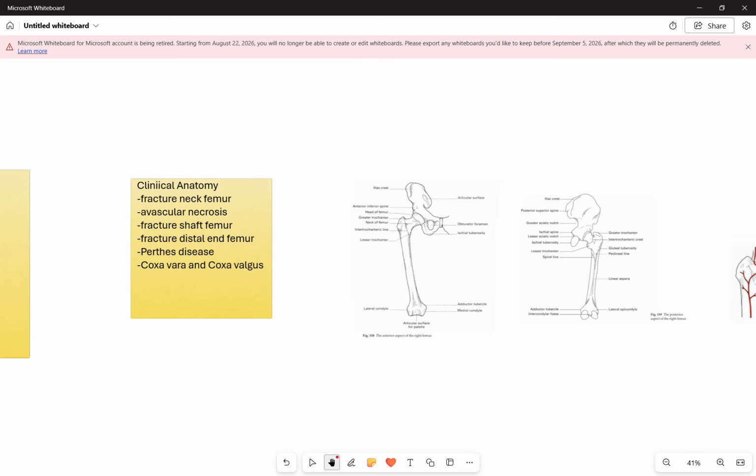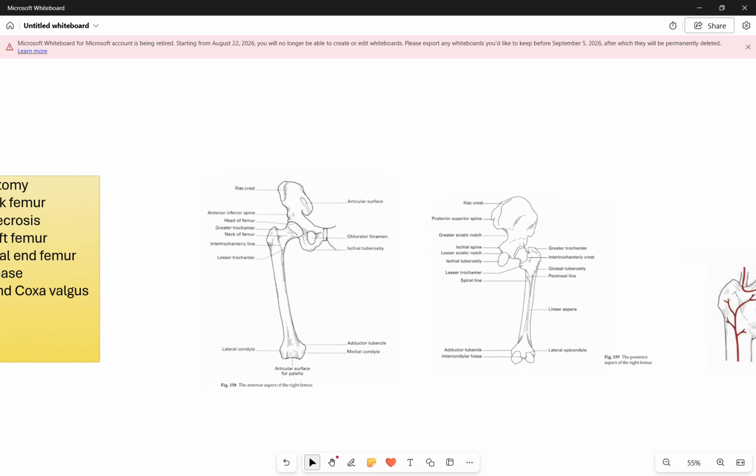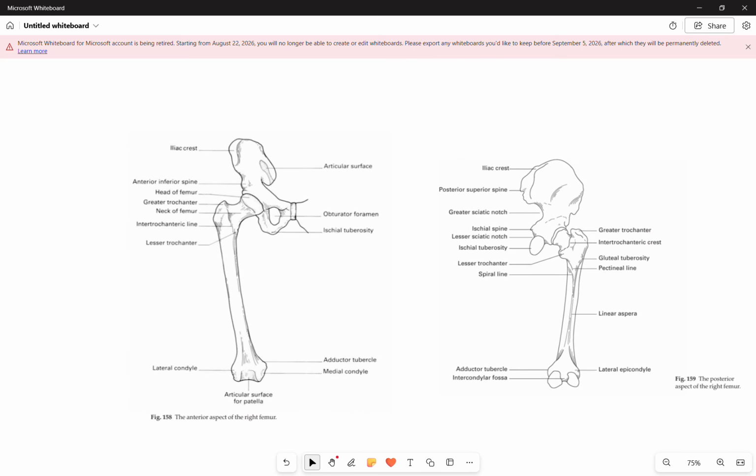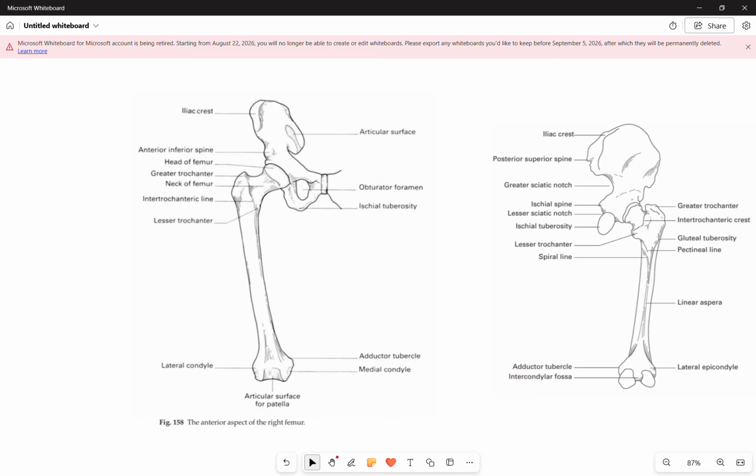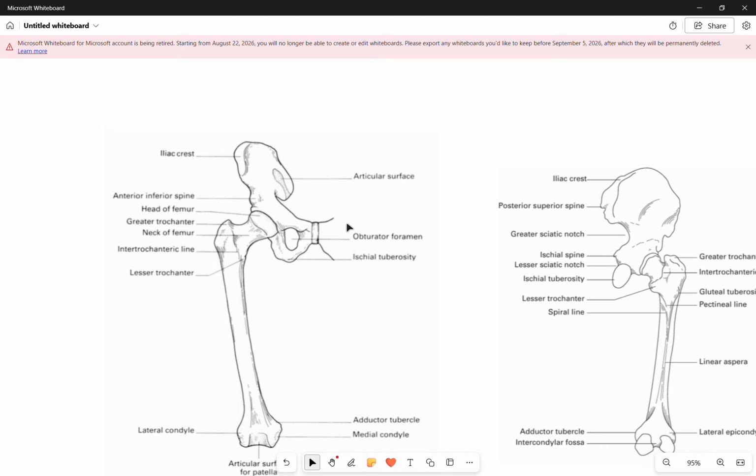Now, to start with, I'll come to the anterior aspect of the right femur. So the femur has got the head of the femur, which articulates with the hip joint, acetabulum.